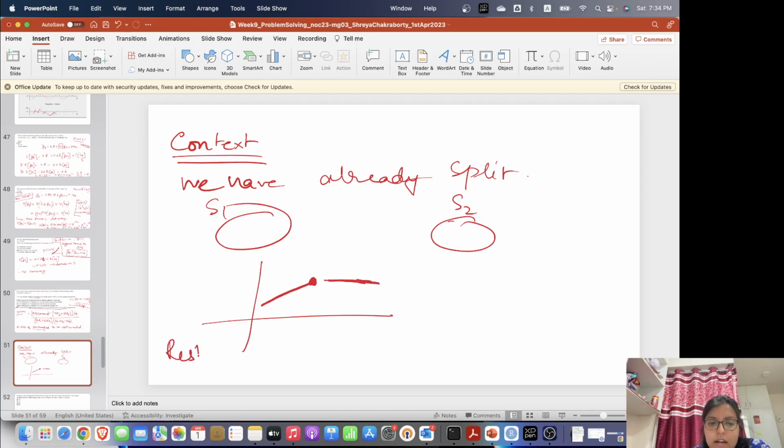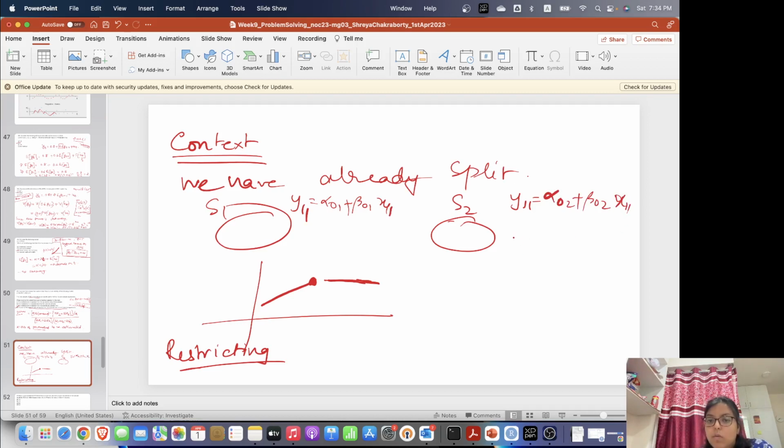When we are restricting ourselves, let's say this is y1 equal to alpha naught 1 plus beta naught 1 x1, and this is y11 equal to alpha naught 2 plus beta naught 2 x11, something like this.